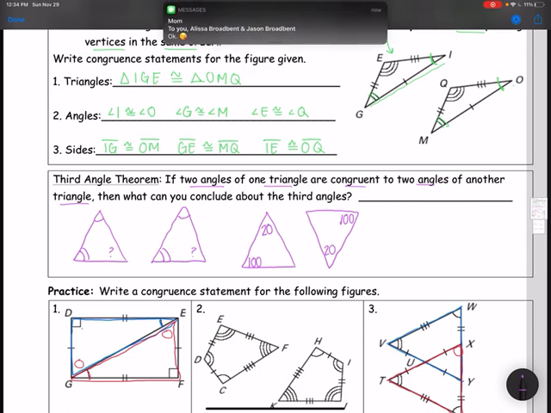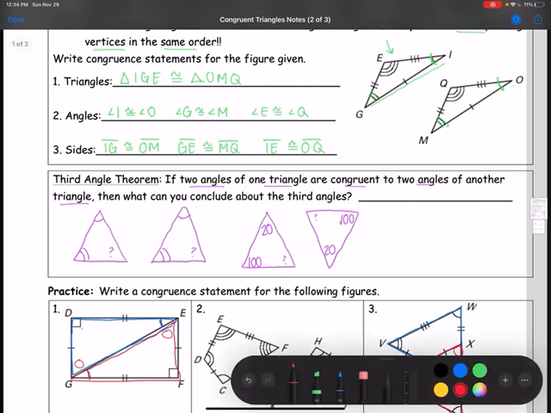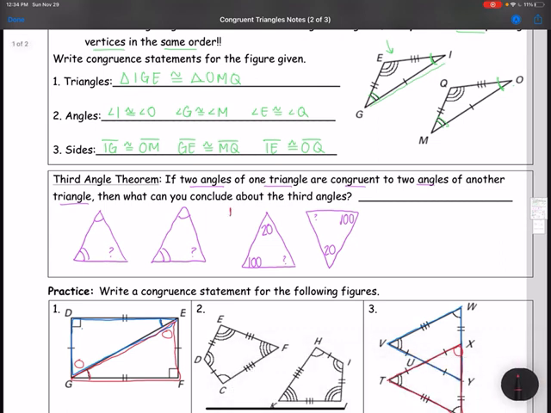So we have two angles in one triangle that are congruent to 2 angles in another triangle. Again, what can we say about the third angle in each of these? Well, I could use triangle sum theorem to solve. So if I do that, I'm going to do 180 minus 100 minus 20, which gives me 60.